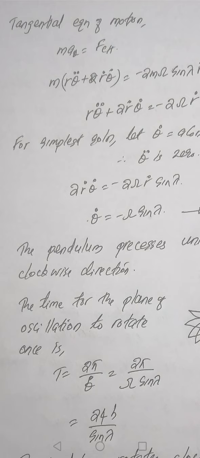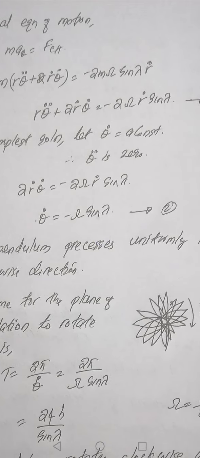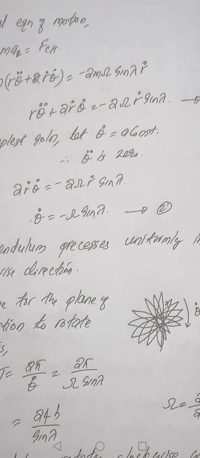Therefore m a theta is m into r theta double dot plus 2r dot theta dot, that is equal to minus 2m omega sine lambda r dot. I'm not writing the theta direction. Cancelling m on both sides, r theta double dot plus 2r dot theta dot is equal to minus 2 omega r dot sine lambda. That is our required equation.